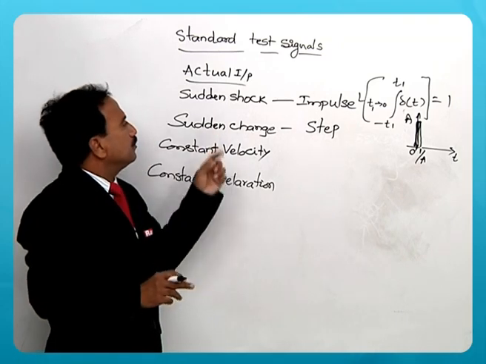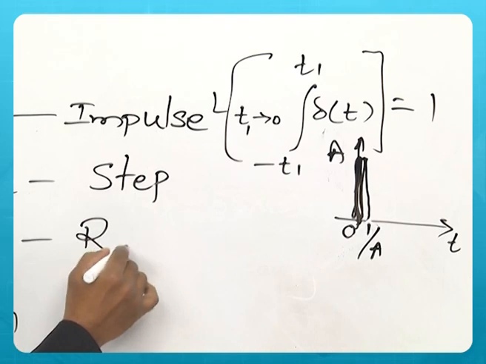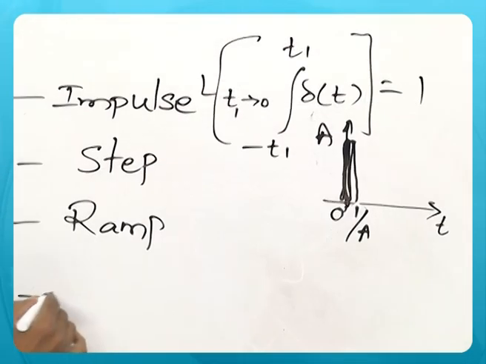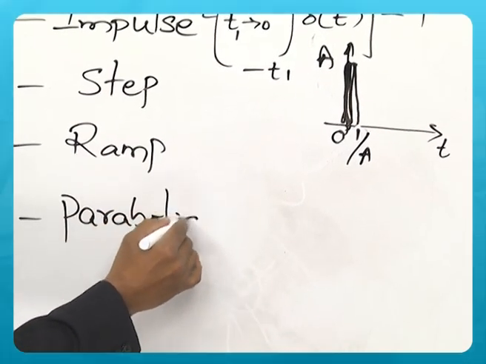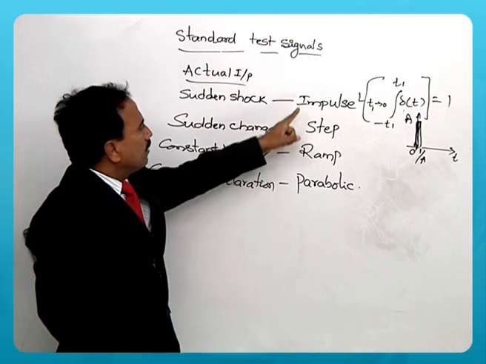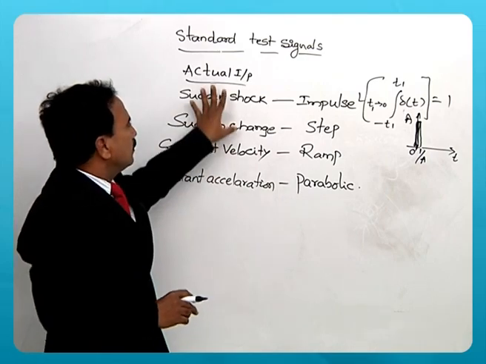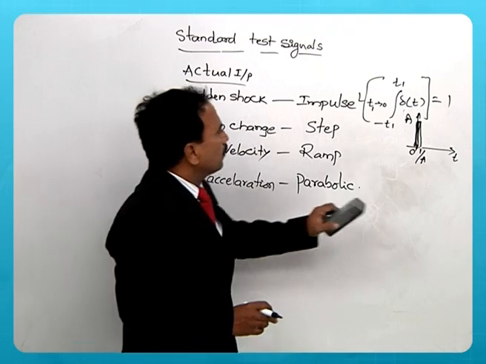Next, constant velocity is a ramp signal, and constant acceleration is a parabolic signal. So, these four are the standard test signals available in the laboratory to test the nature of input for any control system.